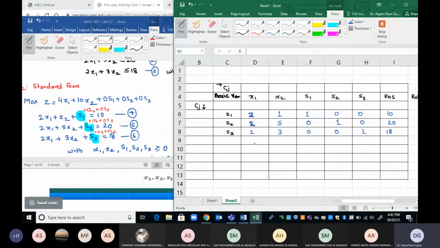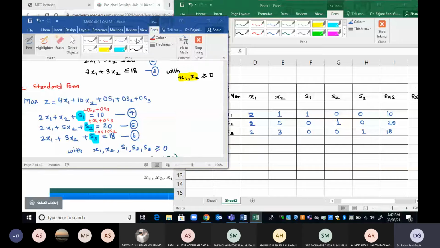Thank you for confirming. So we used all these equations. Now what we have to use? We have to use this objective function. This objective function always represents the Cj. So it again has 4, 10, 0, 0, 0 as coefficients of x1, x2, s1, s2, s3. So these numbers we will write here.